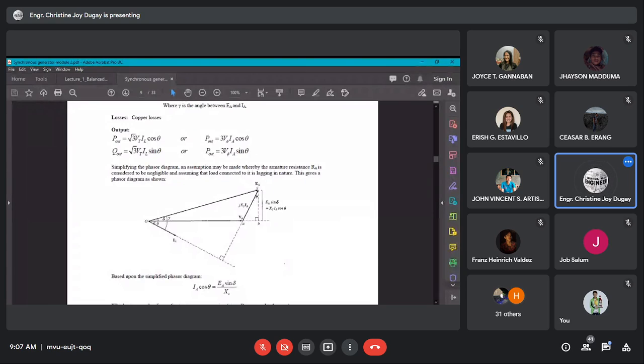Kung paano nakuha yung EA sine of sigma is equal siya sa XSIA cosine theta. Pakisabi kapag yes or no para alam po natin kung anong gagawin natin.